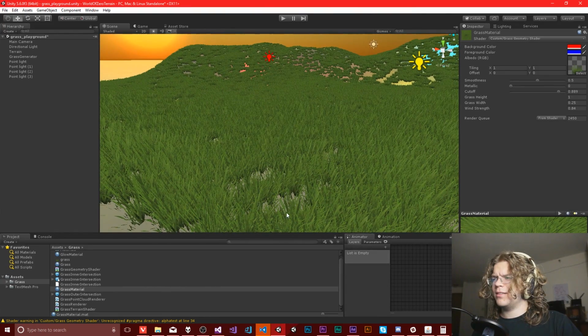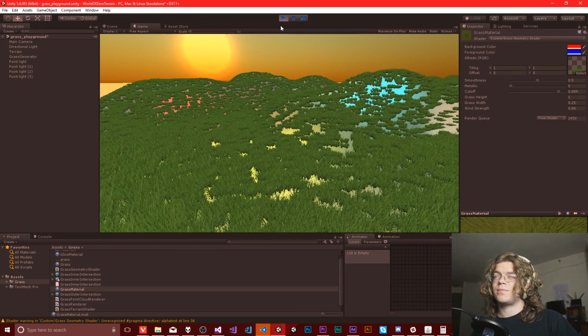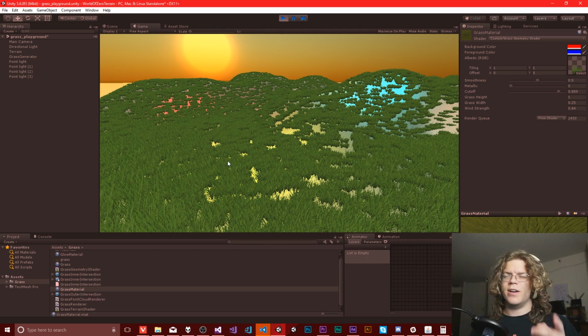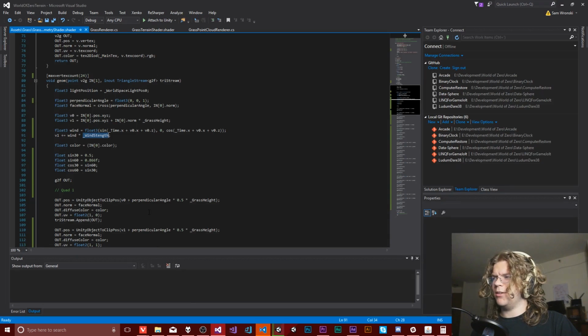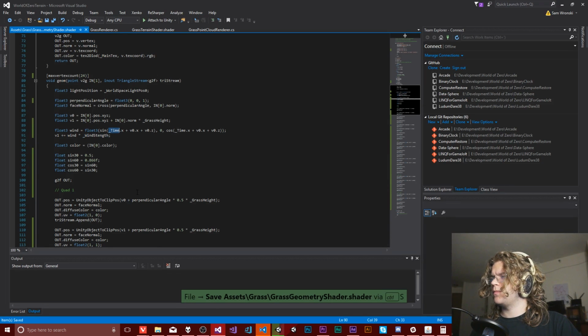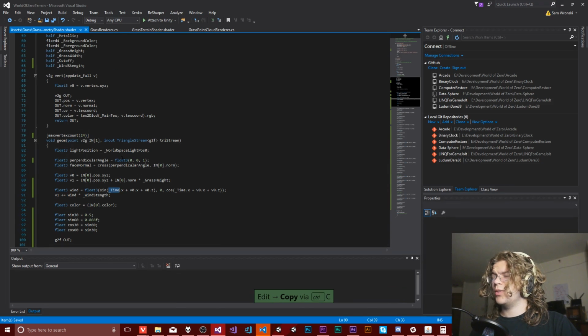Yeah, I'm not seeing anything. Oh, right. Wait, hold on. If I play this, it's still not doing anything. I've had issues where animated materials do not play at all unless you're in play mode. I think I may be missing something though. So this time should have the time from Unity.